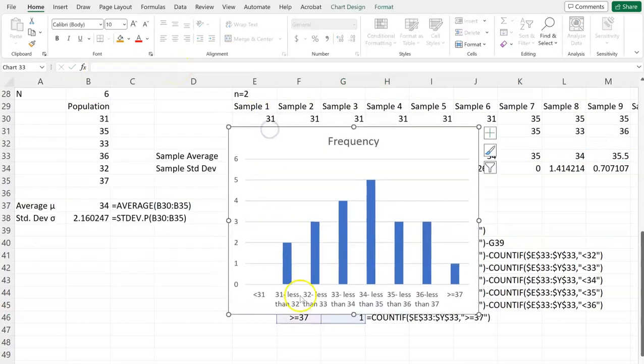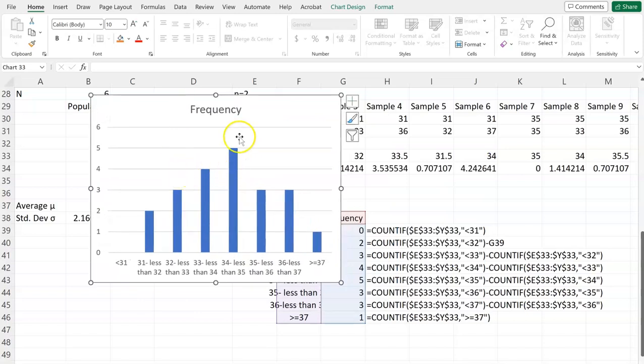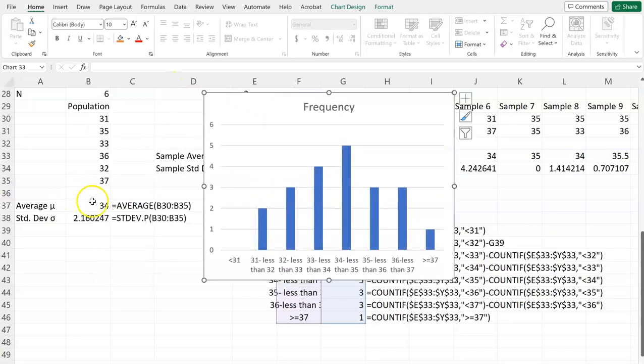So now we have our graph, and we see that it looks like a nice shape where we have the peak at around 34 to 35, which is similar to the average that we see here.